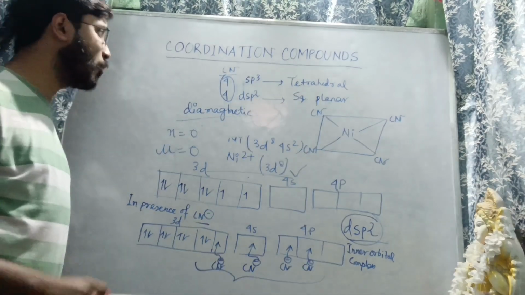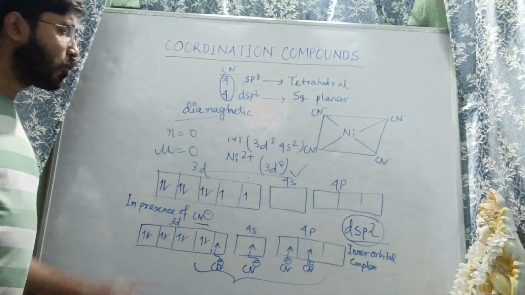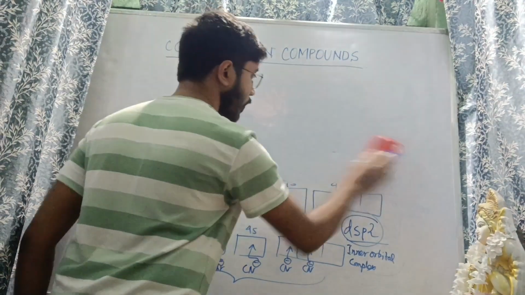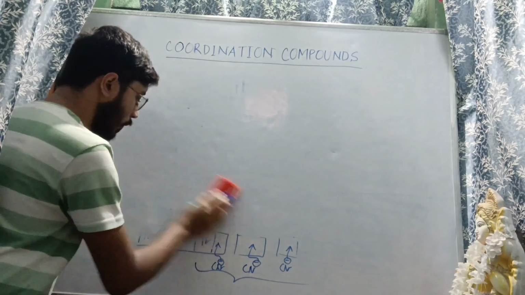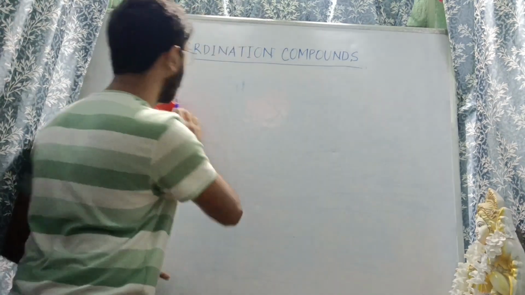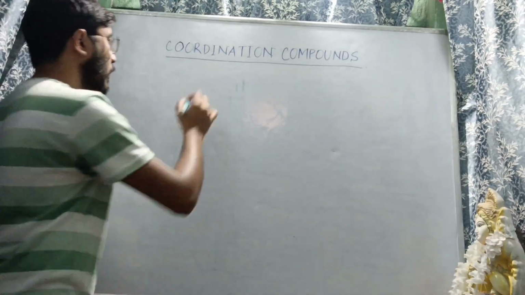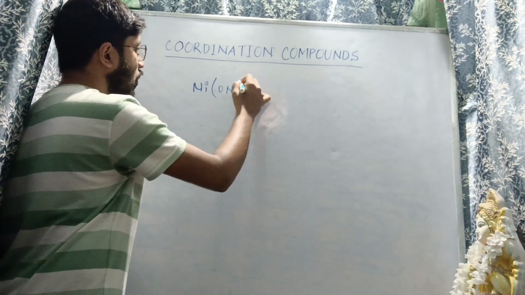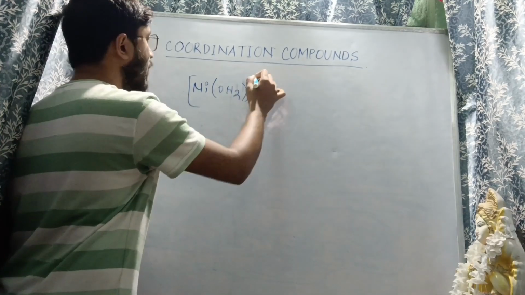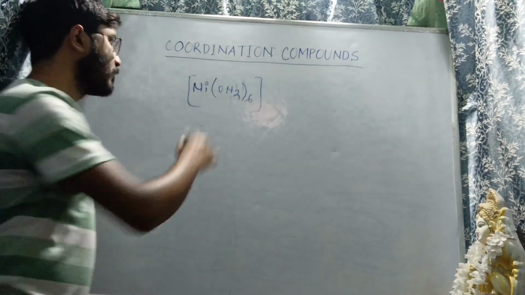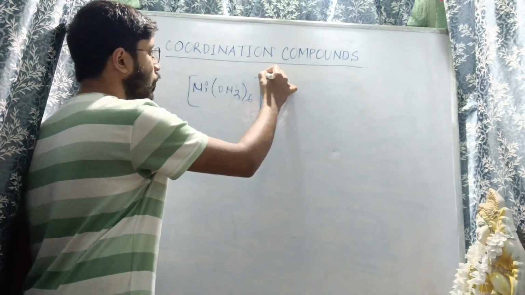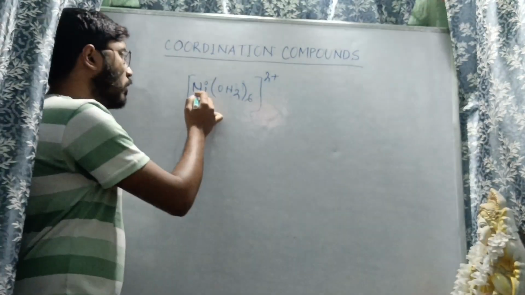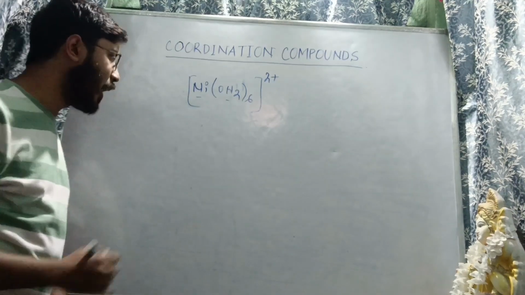Now we discuss some complexes with coordination number 6. Ni(OH2)6 2 plus.